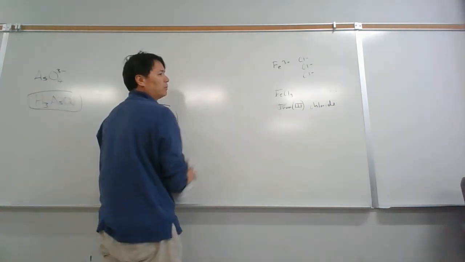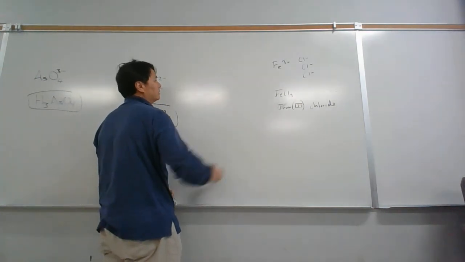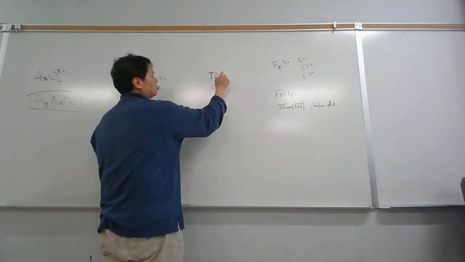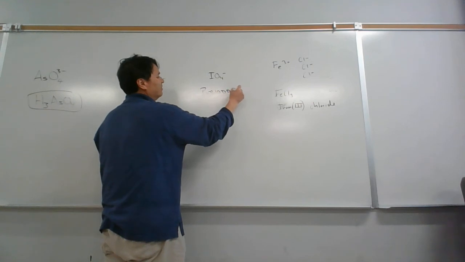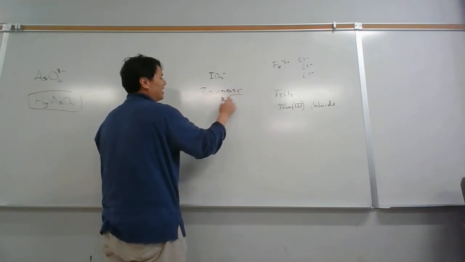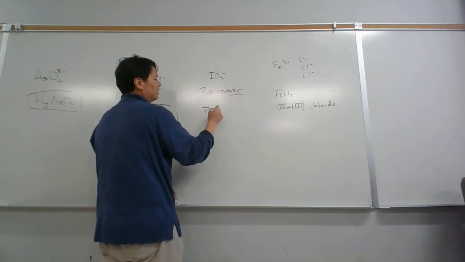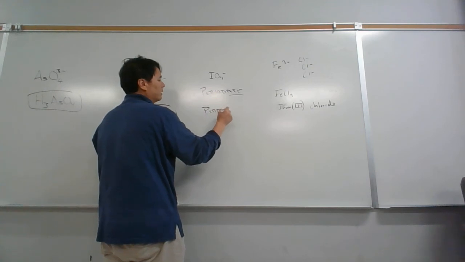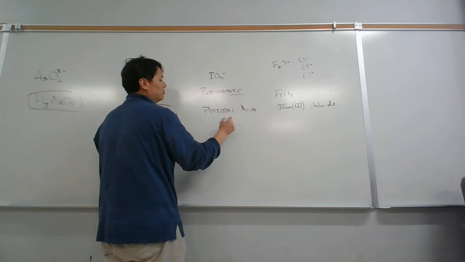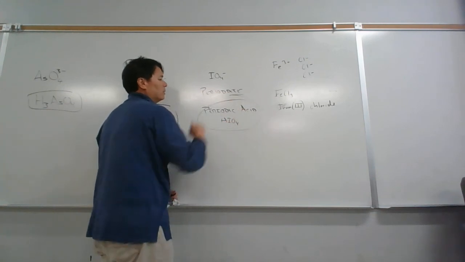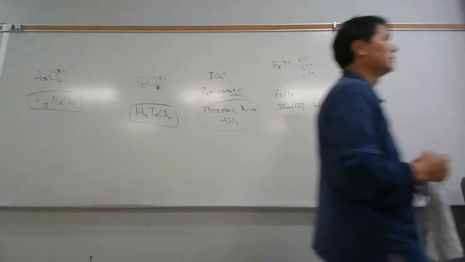And so IO4 minus is periodate. If it's periodate, then what's the name of the acid? Well, we just get rid of the -ate, and then periodic acid would be HIO4. Periodic acid.